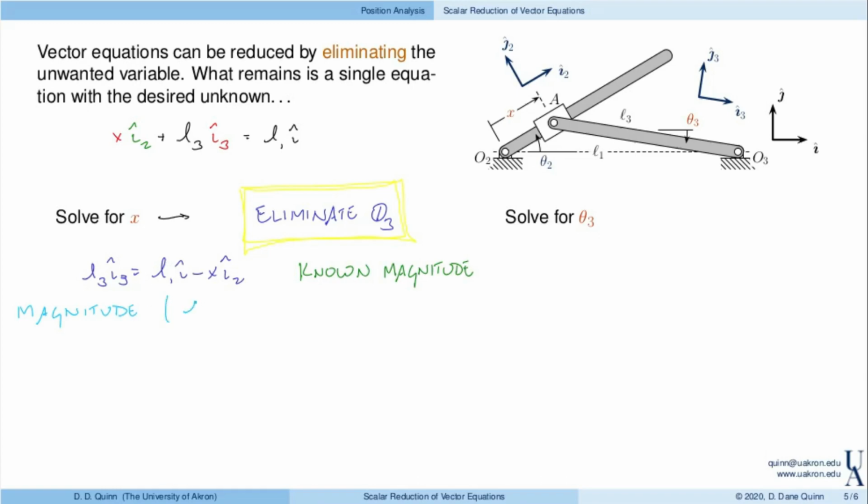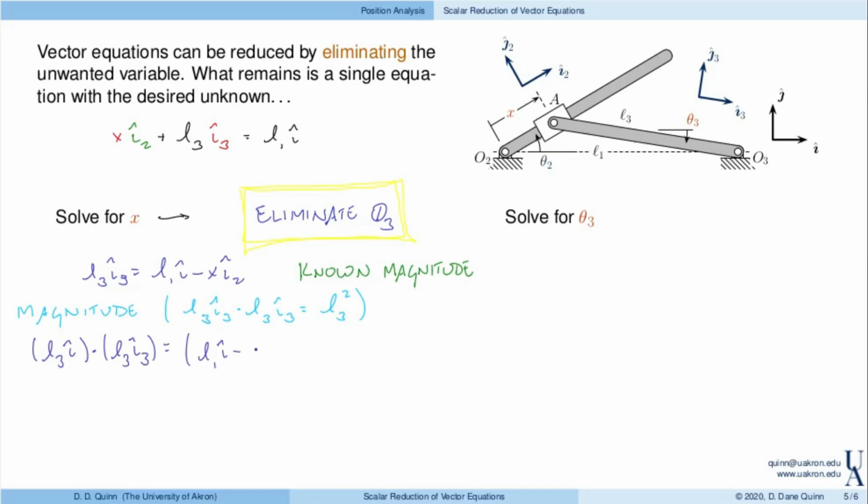And in particular, I'm going to dot each side with itself. L3I3 dot L3I3 is equal to L3 squared, so I'll actually get the square magnitude. So writing that out, L3I3 dot L3I3, that's the magnitude of the left-hand side, has to be the magnitude of the right-hand side.